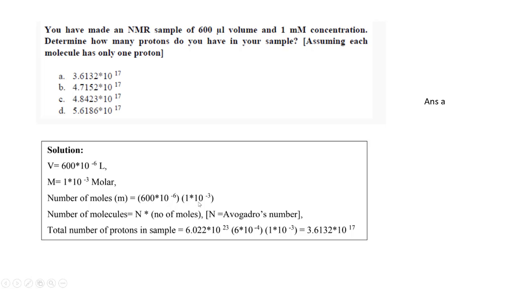Then we want to check the number of protons, that is the number of molecules, so n into the Avogadro number. If we put this value here, we get the number of protons, and it is coming around 3.6 into 10 power 17. You can calculate this.